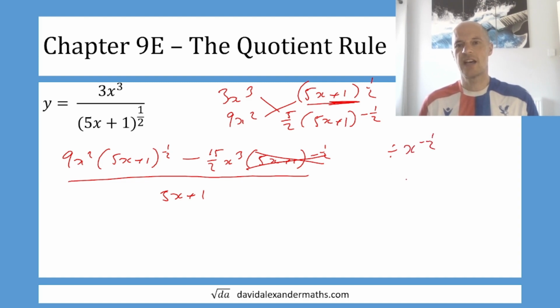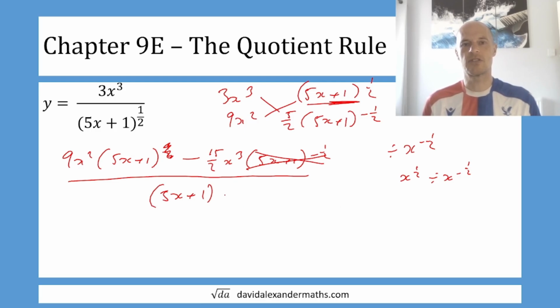So if we had x to the power of a positive half divided by x to the power of a negative 1 half, well, when we're dividing we subtract the power, so a half take away minus a half is a half plus a half, which is 1, so that becomes to the power of 1, and this would therefore become to the power of 3 over 2. Now we can expand out the brackets and simplify a little bit.